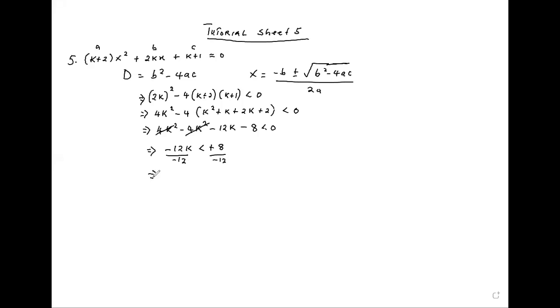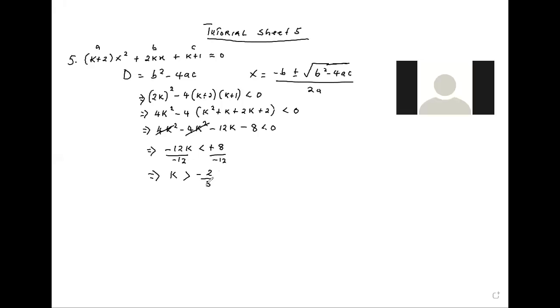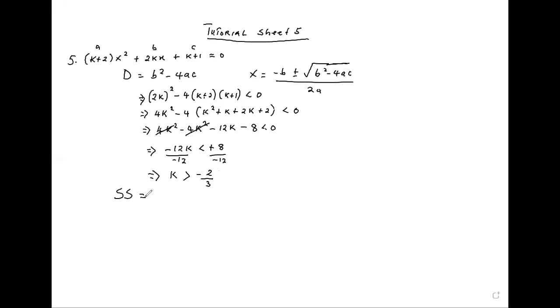The impact of this division is seen on the inequality as it changes the direction. 4 goes into 8 twice and into 12 three times. That becomes our solution. If you want, you can say the solution set for values of k is from negative 2 over 3 all the way up to infinity.